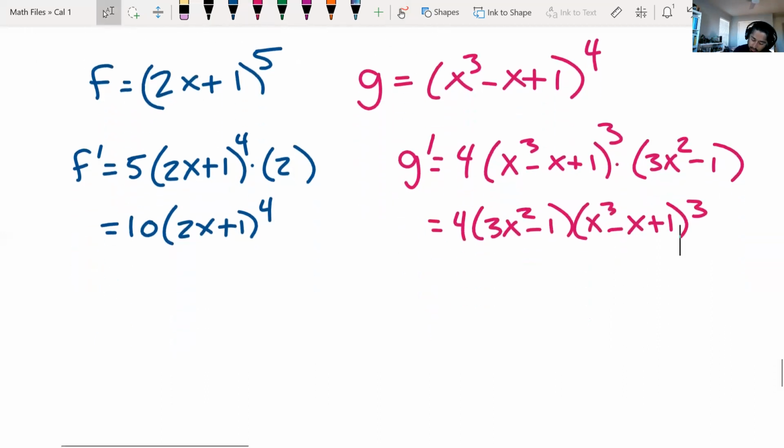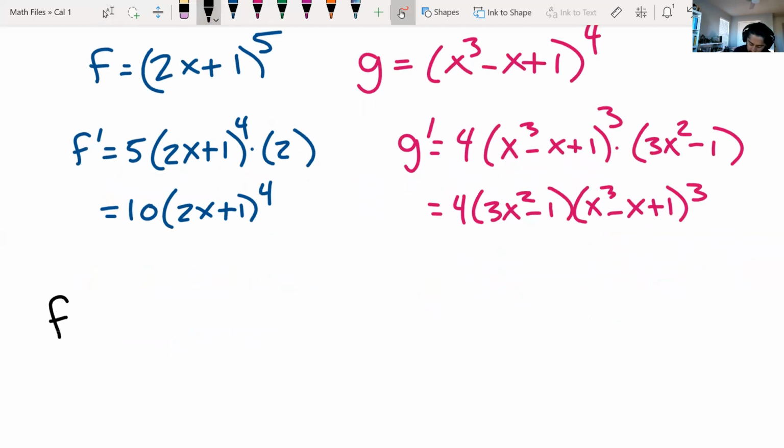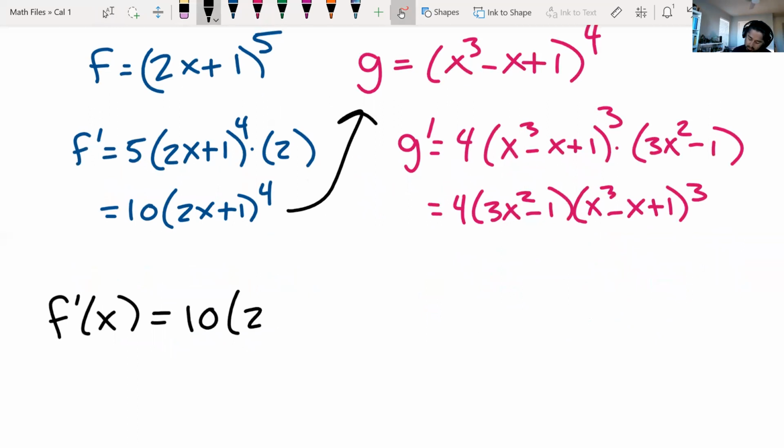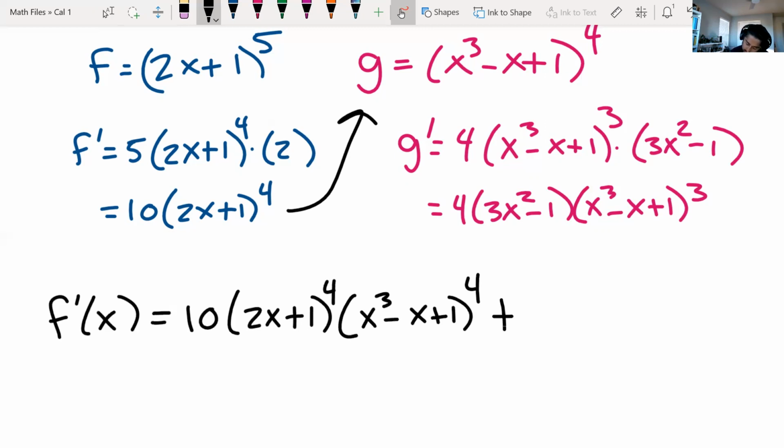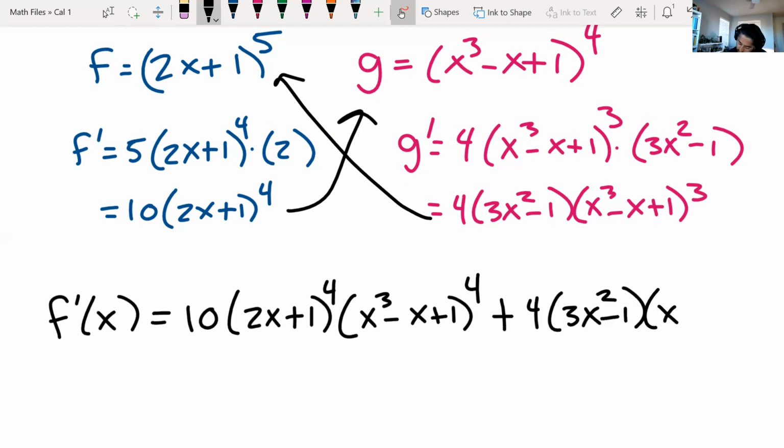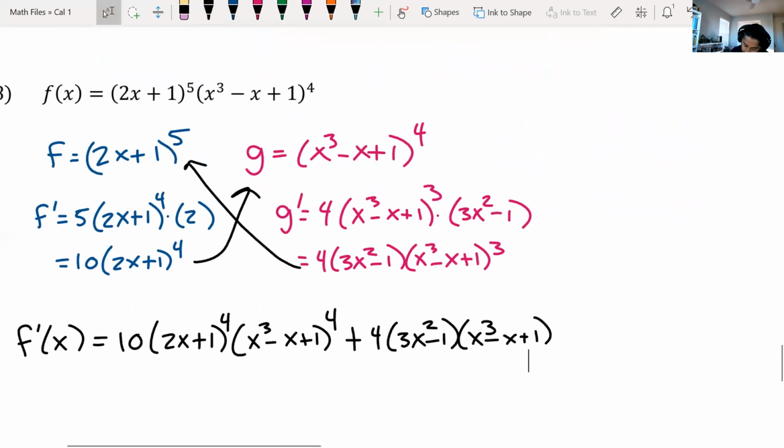All right. Product rule. So f prime g: 10 times 2x plus 1 to the fourth times x cubed minus x plus 1 to the fourth, plus g prime f: 4 times 3x squared minus 1 times x cubed minus x plus 1 to the third times 2x plus 1 to the fifth.